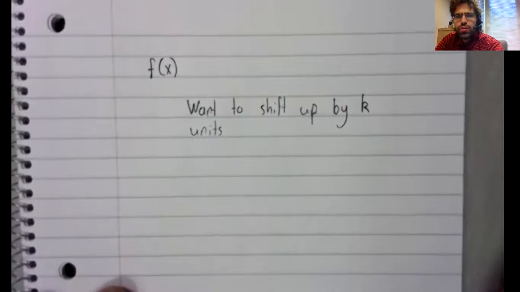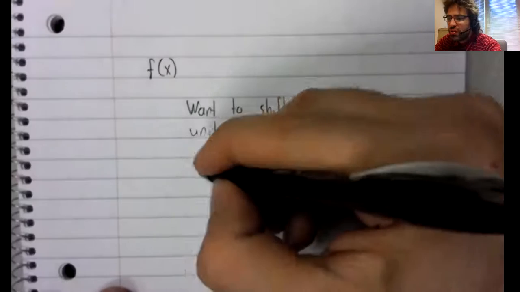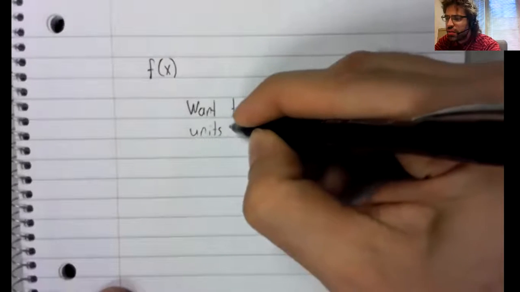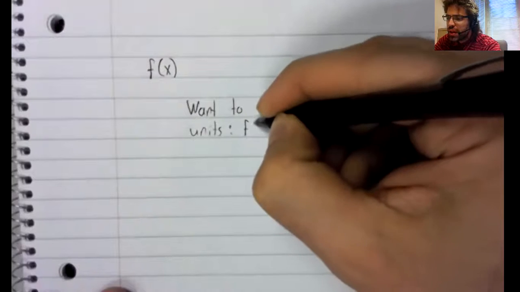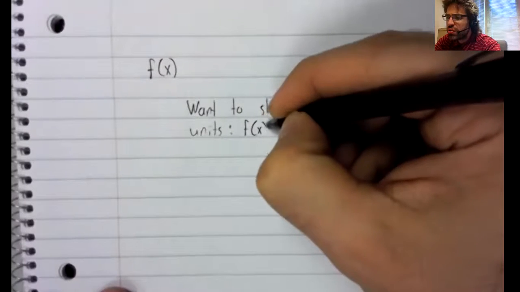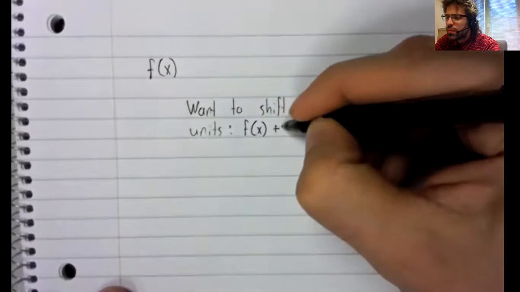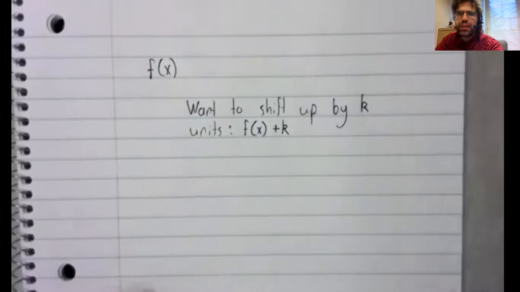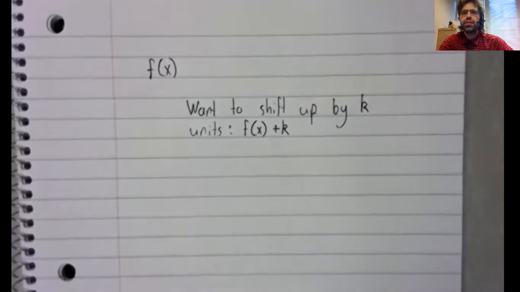All that we do to accomplish this is we take f of x and we add k to it.